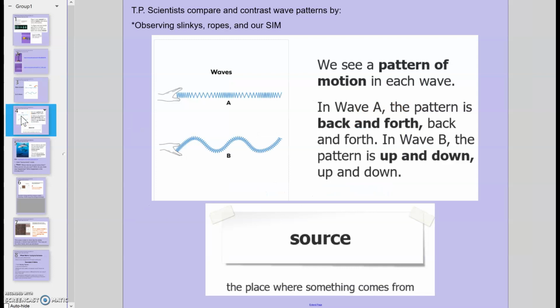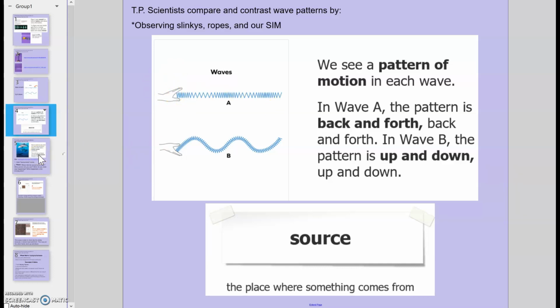So we just learned two different wave patterns. One was back and forth, the other was up and down. An important word that we'll need to know is source, and that's the place where something comes from. So in these two examples, we can say that the hand was the source. That's where the energy was coming from, and it was transferred then into the wave.